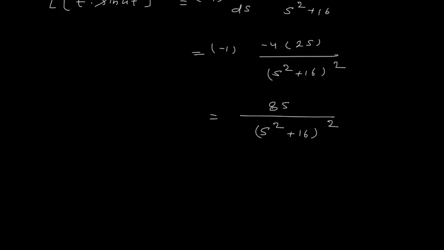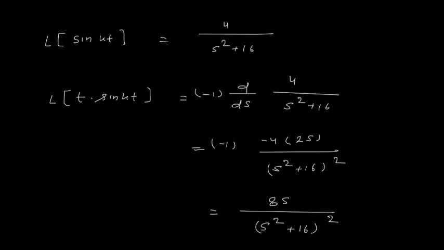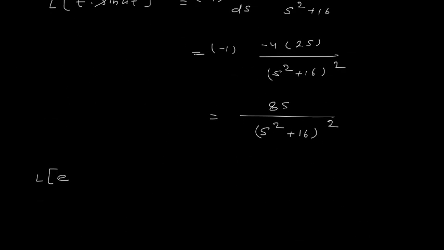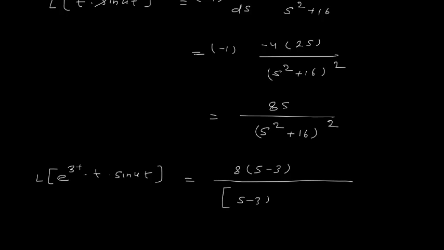Now Laplace of, I have to multiply by e power 3t, so e power 3t into t into sin 4t, this will become 8 into s minus 3 upon, here also s will be replaced by s minus 3 the whole square plus 16 the whole square.